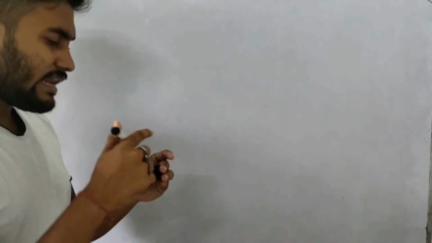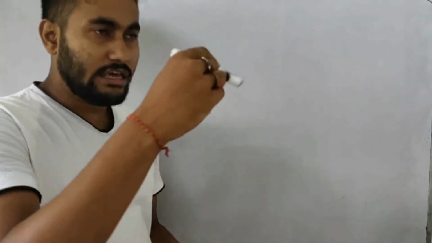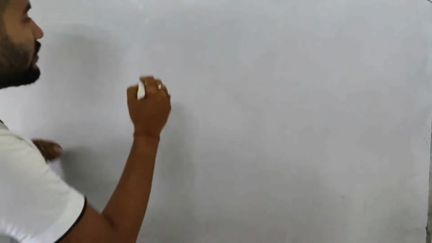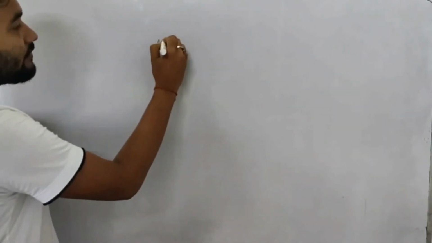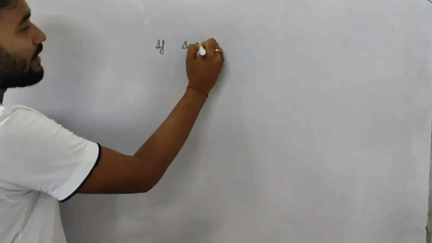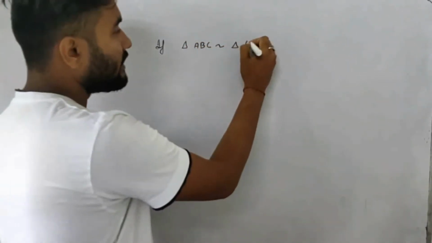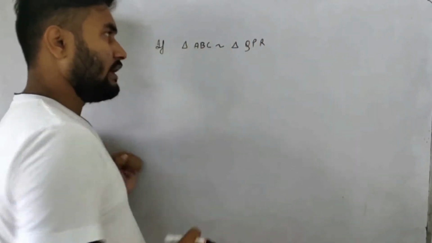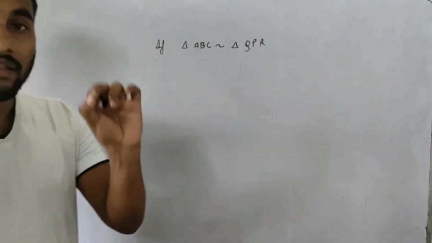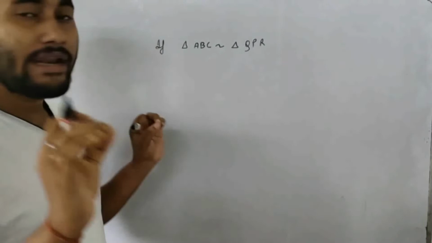If in any question, remember what I am saying. If in any question, in the given part, it is given that triangle ABC is similar to triangle, say QPR, okay. If it is given, then only it is true. Then you can apply one technique.